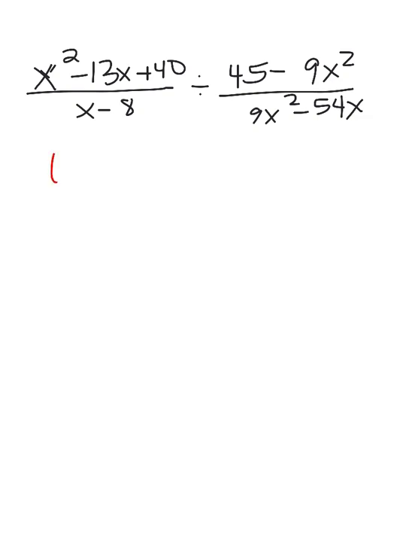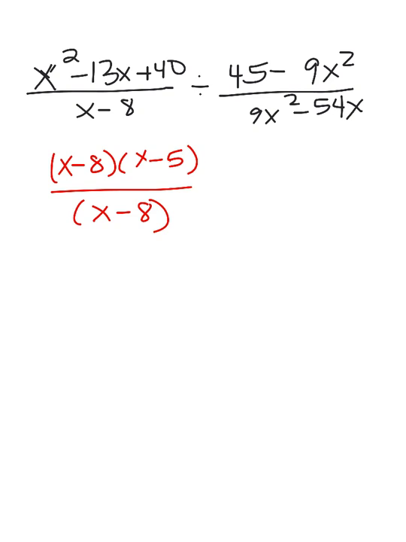So x squared minus 13x plus 40 factors and becomes x minus 8, x minus 5, over, I cannot factor x minus 8, so I just write it as x minus 8, times, so this now goes into the numerator.